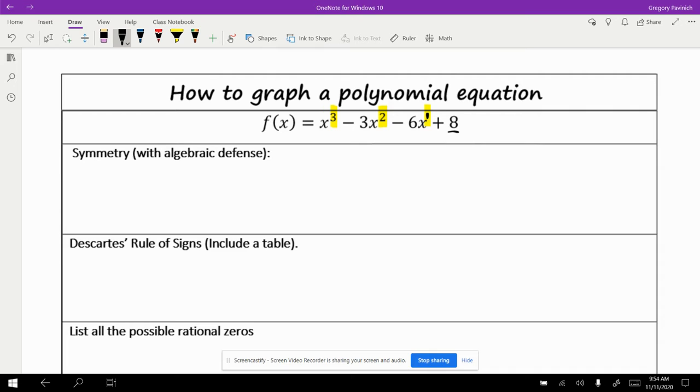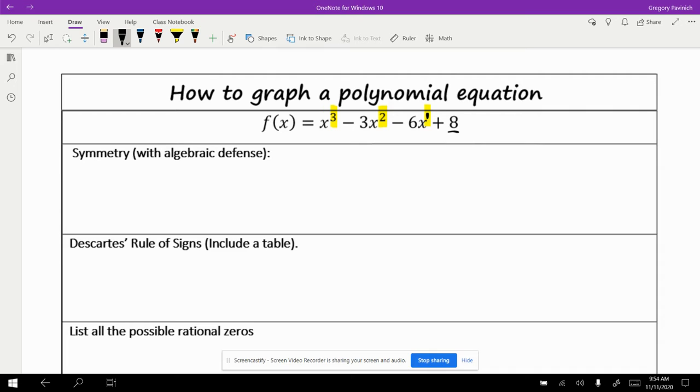I also know it's not going to be even because I have odd powers. I have a cubic term and I have a linear term. Those signs change when I plug in a negative x. And if it's going to be an even function, none of my signs can change. They all have to have even powers, because that takes the negative 1 that I input when I plug in negative x and changes it back to a positive x, not impacting my term at all.